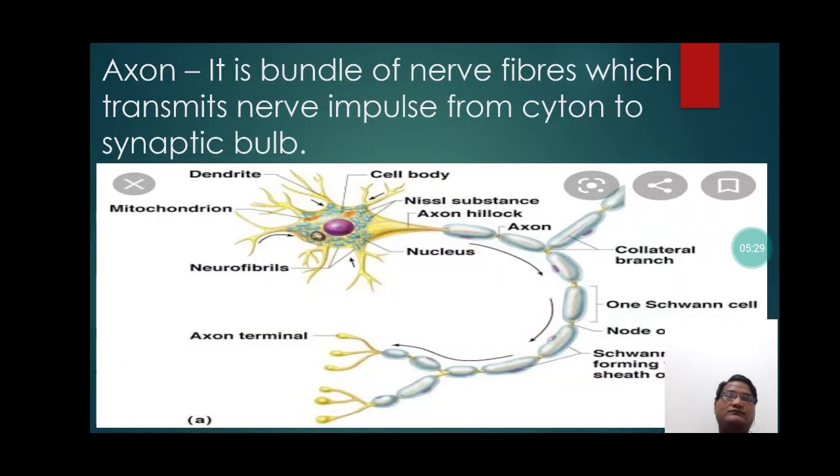Axon, it is a bundle of nerve fibers which transmits nerve impulse from cyton to synaptic bulb.